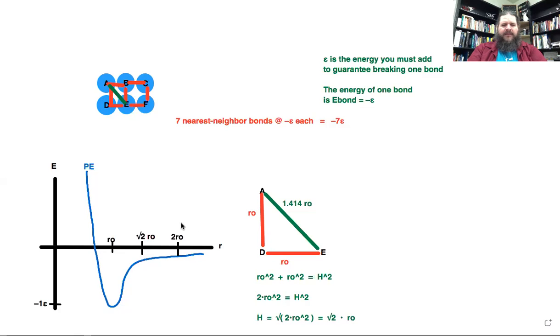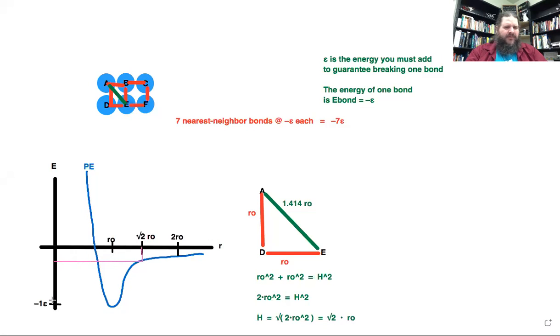So based on that location, and ideally we'd want a more accurate graph than this, this one's just a rough sketch, we can trace that down to the graph itself, and then over to the energy axis. And this value should tell us the energy of that bond.